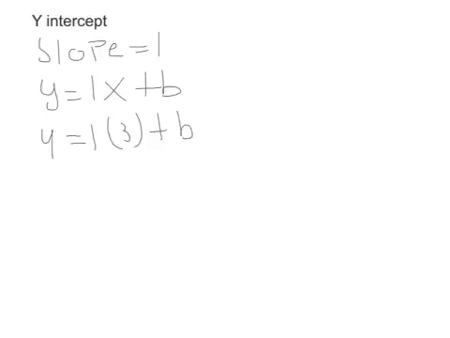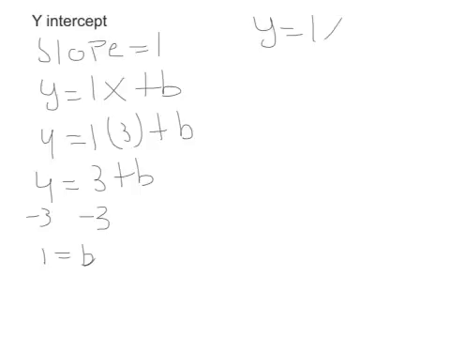And then now we have 4 equals 3 plus b, and we subtract 3 from both sides. So now we have 1 equals b. So our line is going to be the same as the previous example, which is y equals 1x plus 1.